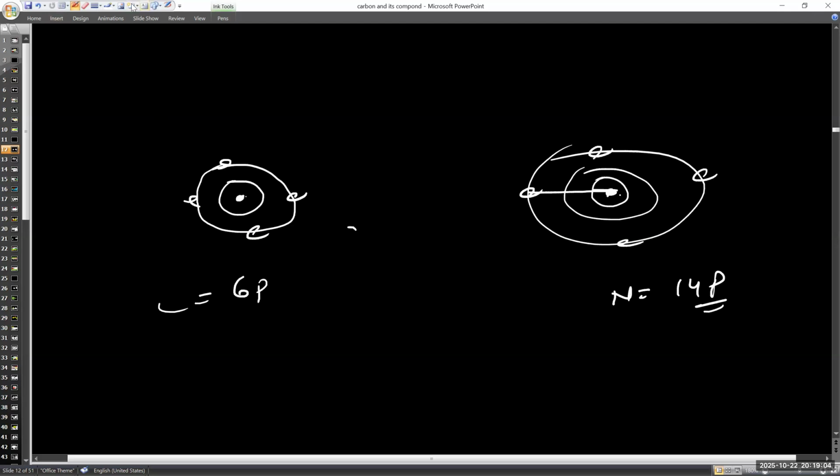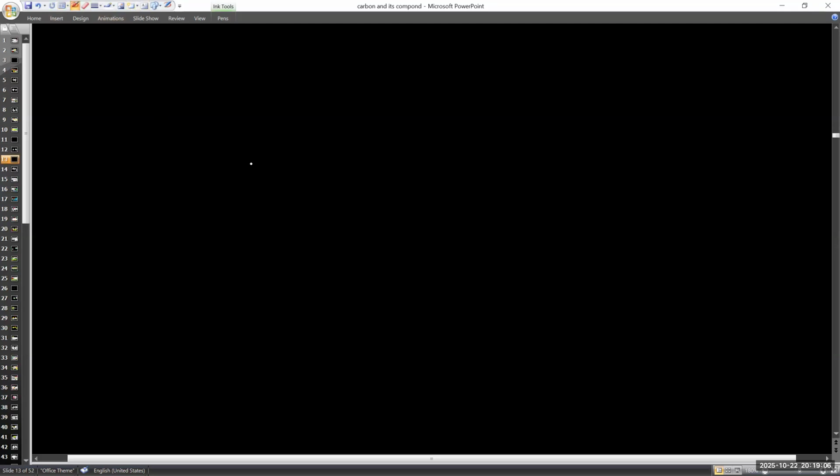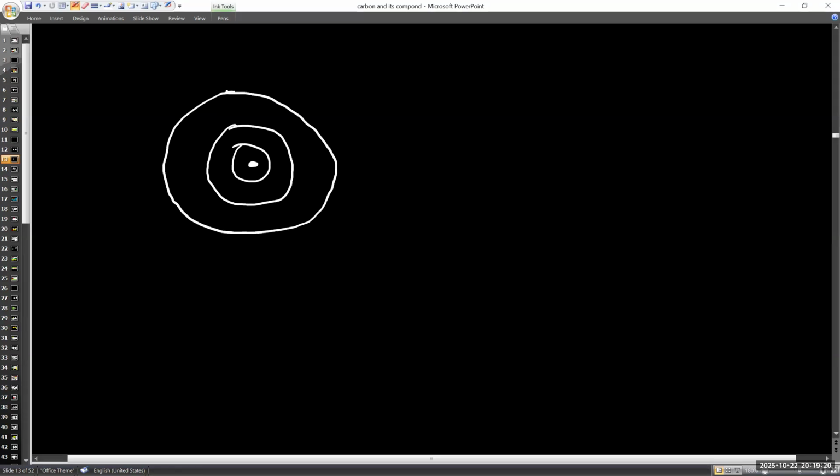The reason is that silicon has an extra shell, and because of that extra shell, the electrons revolve at a faster rate. They revolve at a faster rate. Got it? Yes or no?